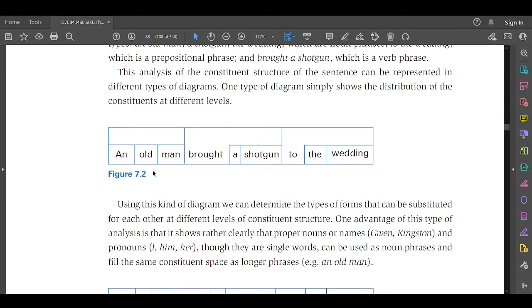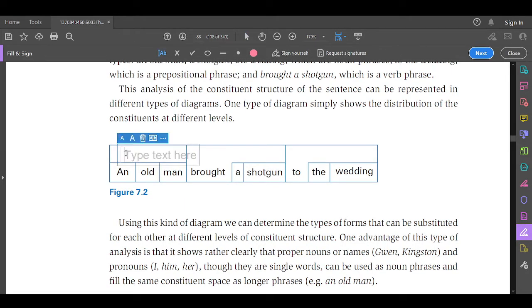For example, an old man brought a shotgun to the wedding. An is what? An article. Old, adjective. Man, noun. These are always together, so we call them something called a noun phrase.